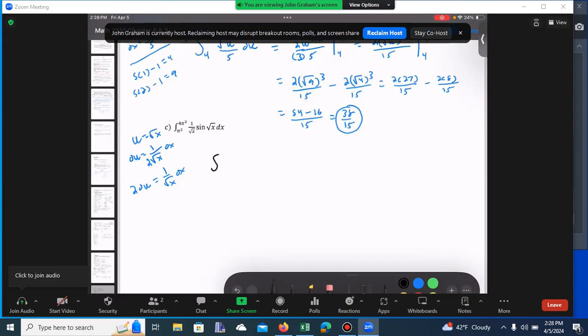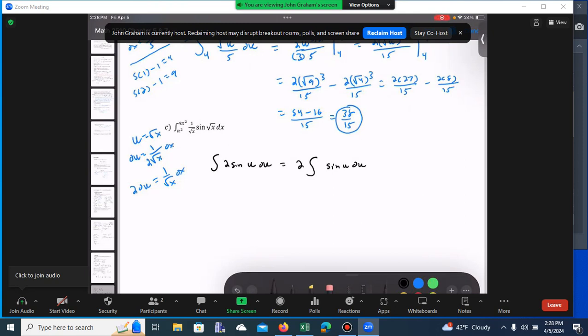I'm not writing in the limits just yet. We'll have sine of u, and then 2 du. And then we can take the 2 out. So 2 times the integral of sine of u du. Now we have to decide what's easier.